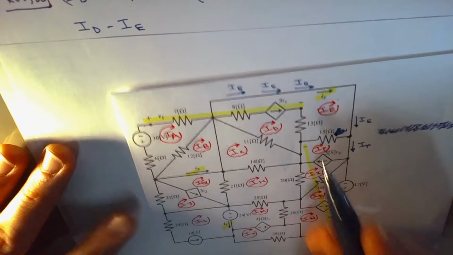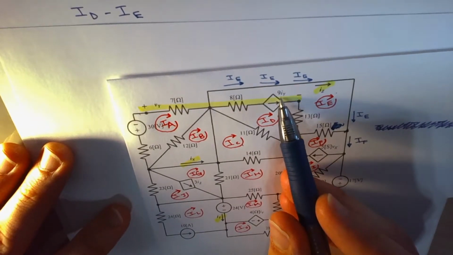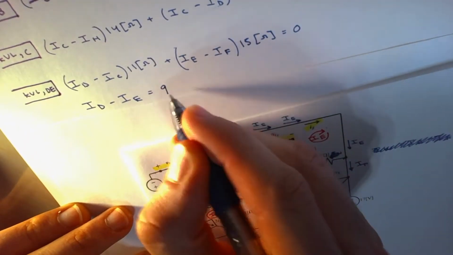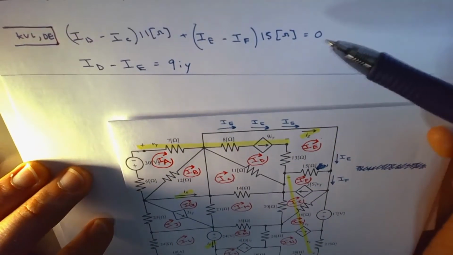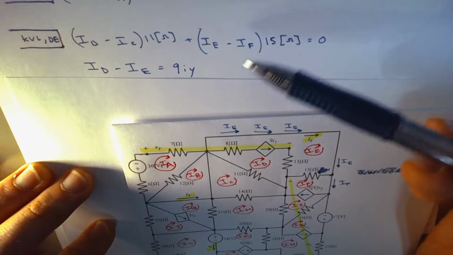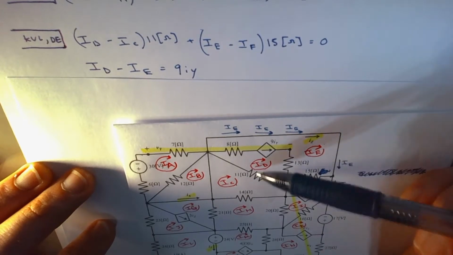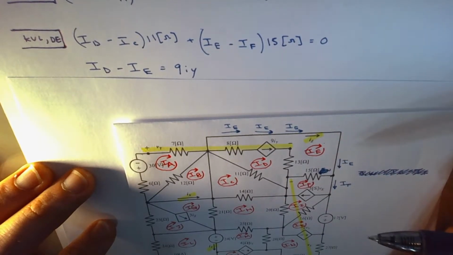And we also know that the current is 9 IY. So we're going to write this equation. And now we have two equations representing these two independent meshes.